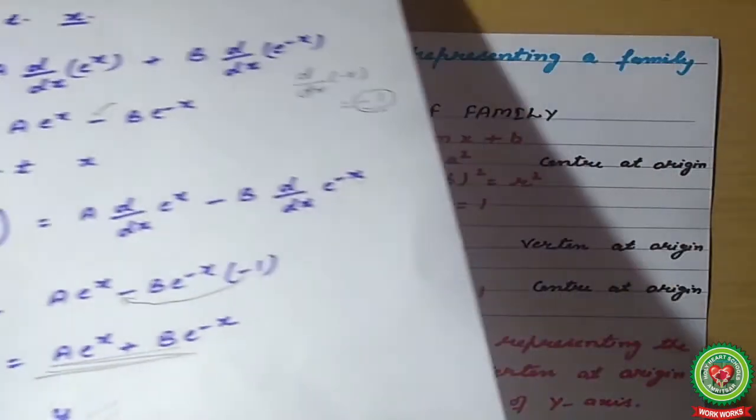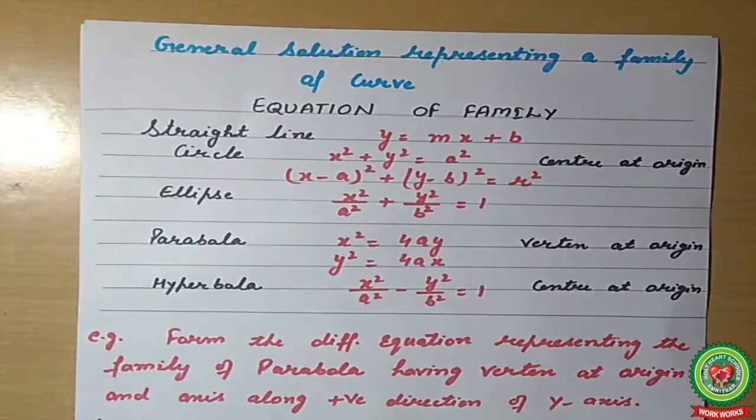Now we will learn how we can form the differential equation with the help of the different families of curves. Now we are having equations of families. Lines are there. In that family, how many members are there? Line, circle, ellipse, parabola, hyperbola.